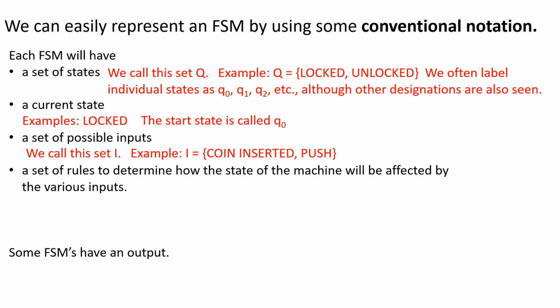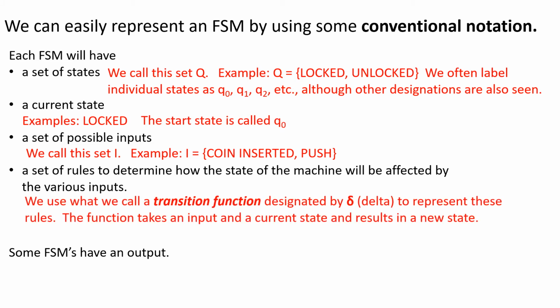Now we get to the set of rules that determine how the state of the machine will be affected by these various inputs. It's always going to be a function, and we call it a transition function because we're talking about how the state of the machine changes. How does the machine go from one state to another?